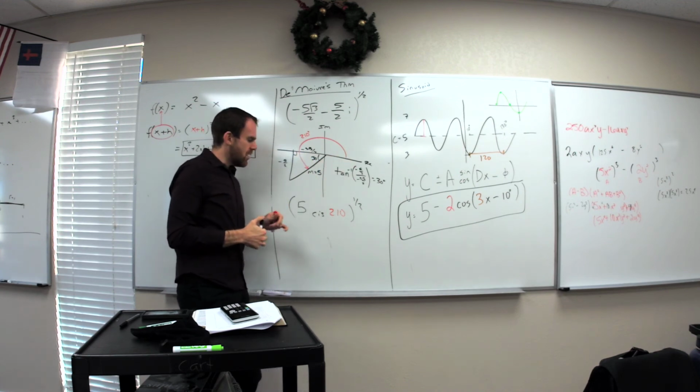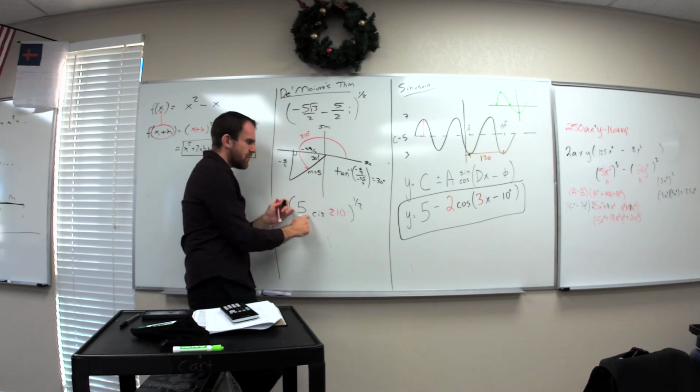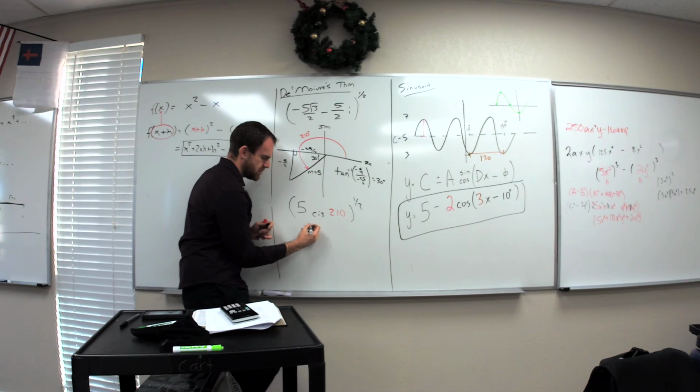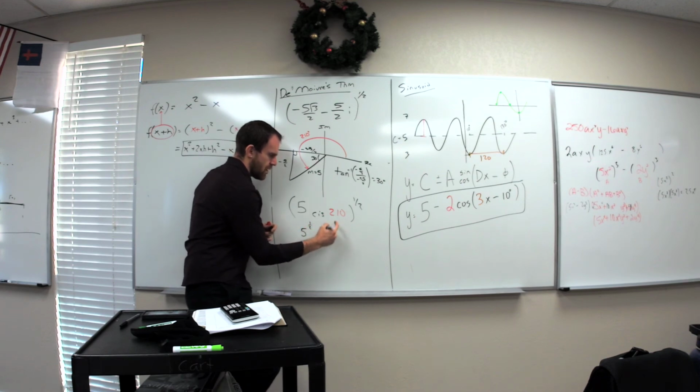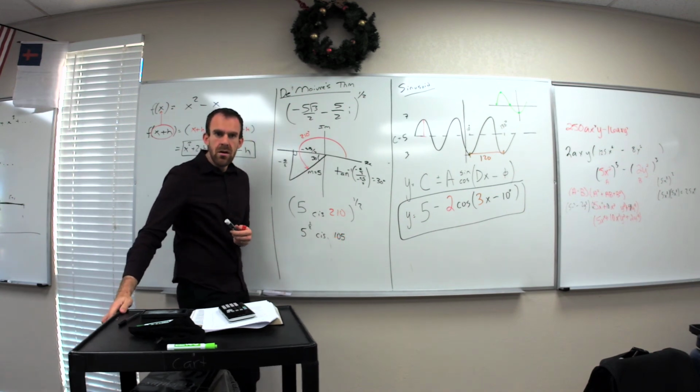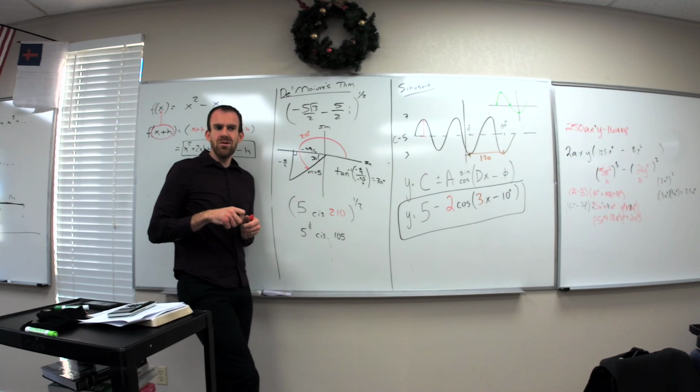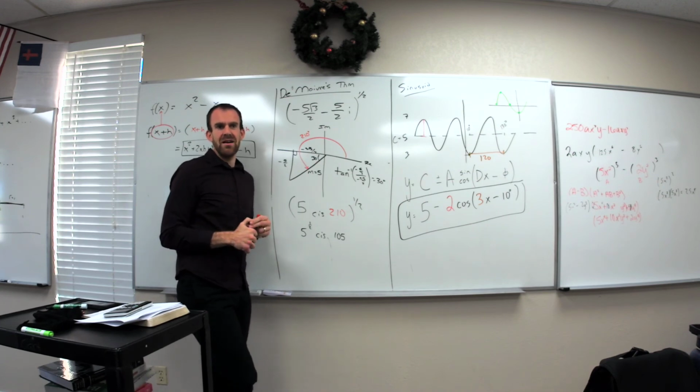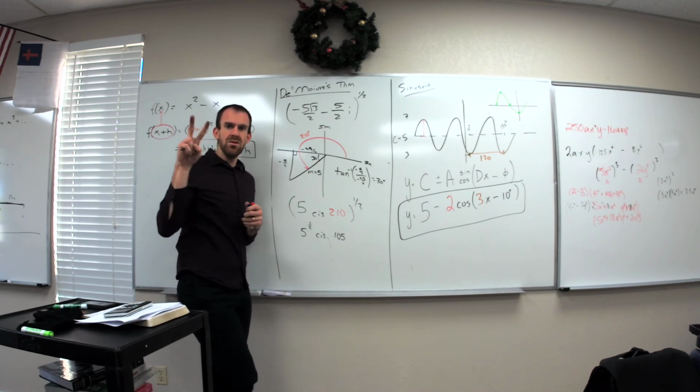Good question. Now that I have this, how do I take it to the 1/2 power? You take the number in front to the 1/2 power, and this number times 1/2. But when we take the square root of something, how many answers do we expect? 2, right?